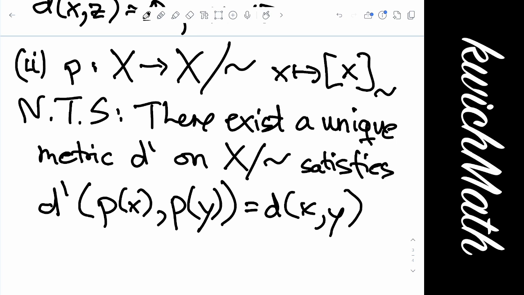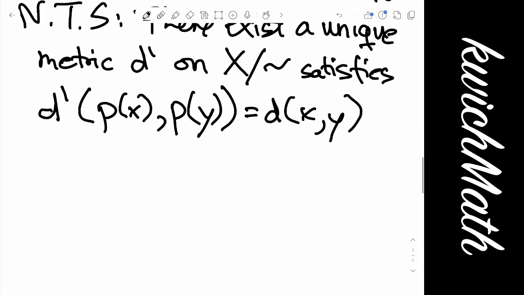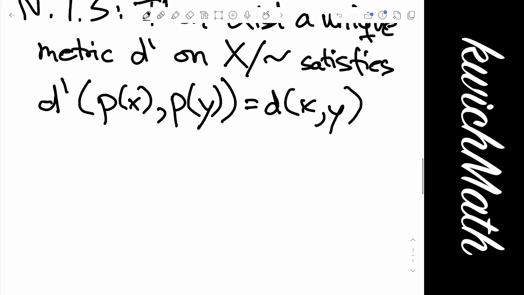Because here we've chosen X and Y as representatives for two equivalence classes. But what would happen if we had chosen other representatives? Who knows? Then we might have gotten another right side. The distance between those representatives might be different. Okay, so we want to show that this is in fact well defined. If it's well defined, it will also be unique, right? Because this uniquely tells you what the mapping is.